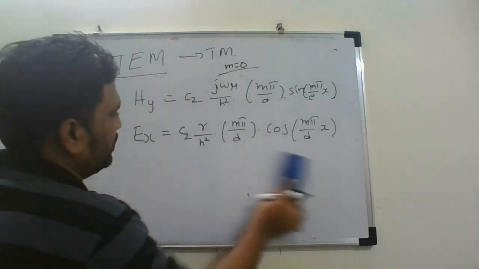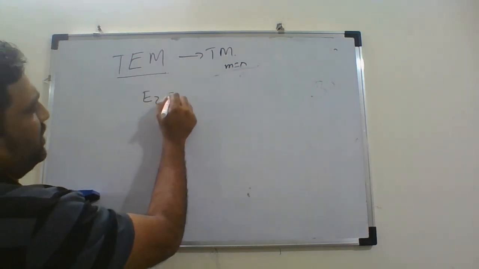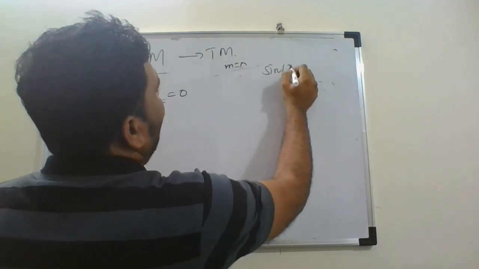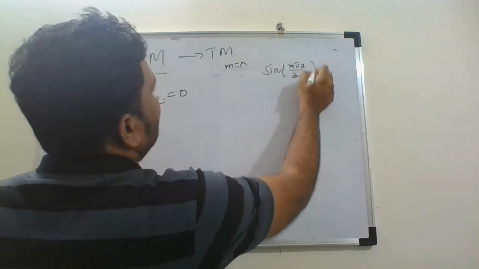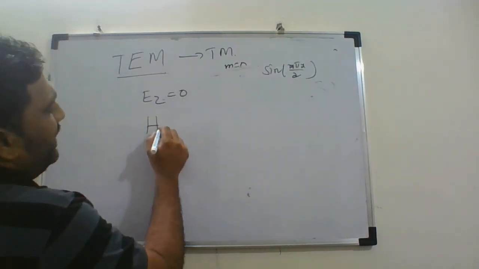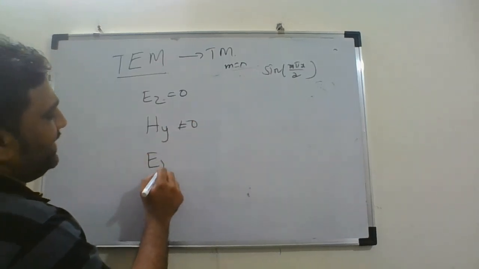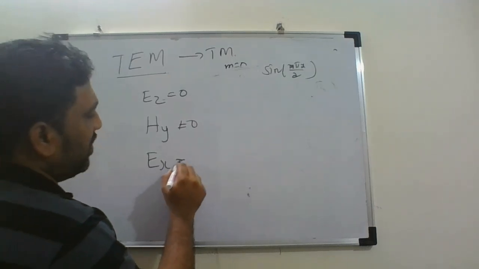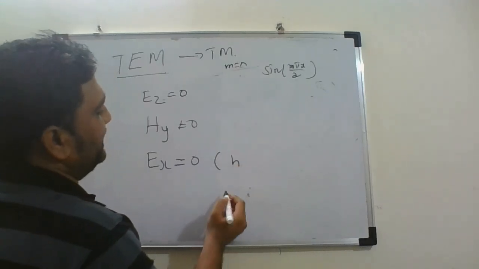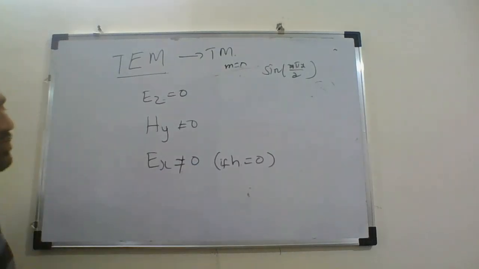I will observe that Ez becomes 0, because sine of m pi x by d is 0 when m is equal to 0. Hy will not become 0, and similarly Ex might not become 0. It depends upon the small h value.